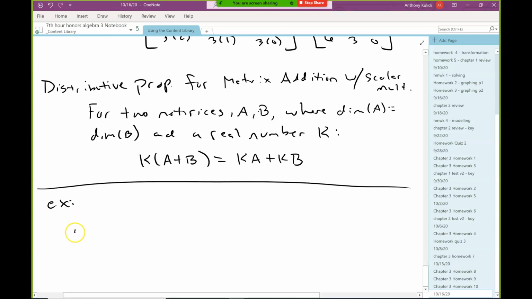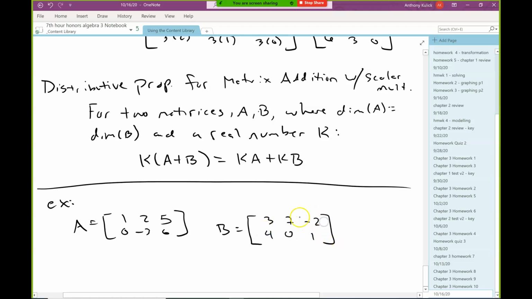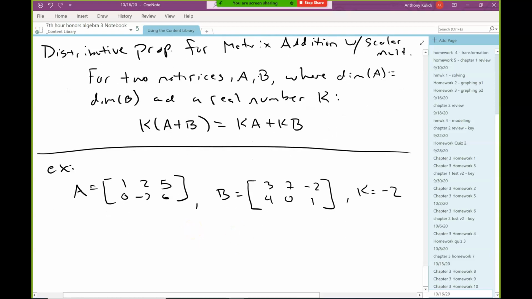So let's say that we have... Look at the example we're going to do.